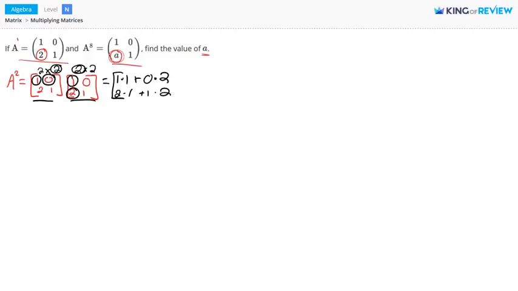Moving over to the second column, we get 1 times 0 plus 0 times 1. And the very last entry is 2 times 0 plus 1 times 1. So we've set up the math for this product matrix, and now let's simplify each of these entries.